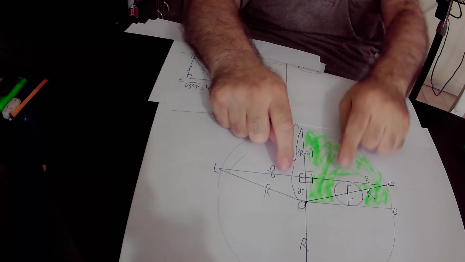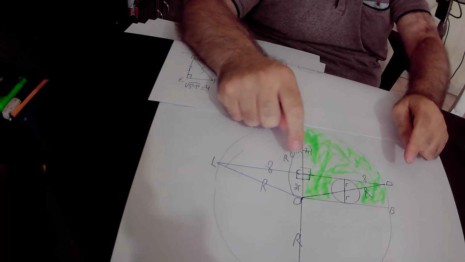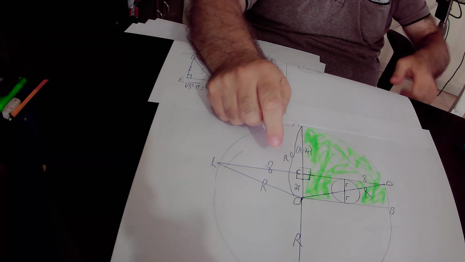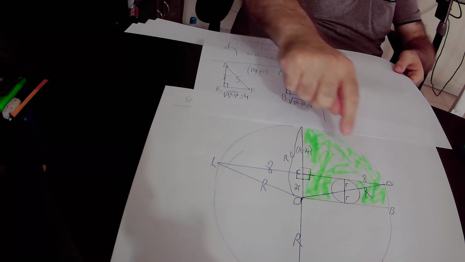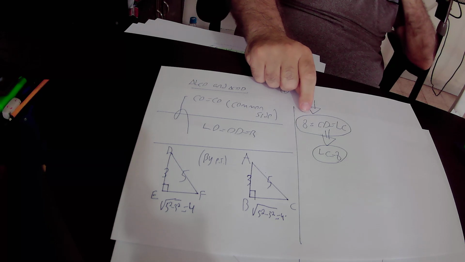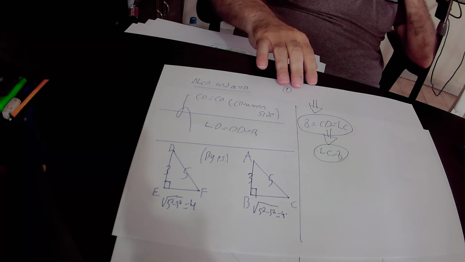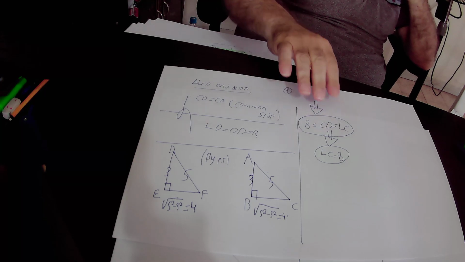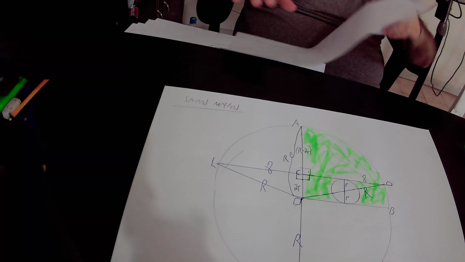Those two right triangles can go into each other, therefore the two corresponding sides, that is to say CD and LC, also must be equal to each other. But it is given that CD equals 8 units, and from this equation we derive that LC is also equal to 8 units. Okay?